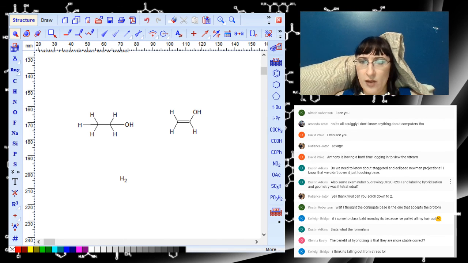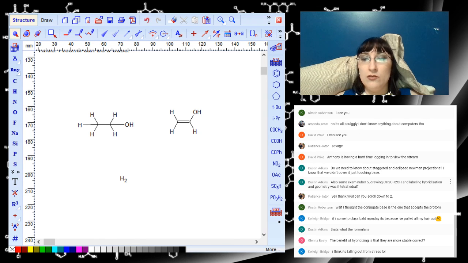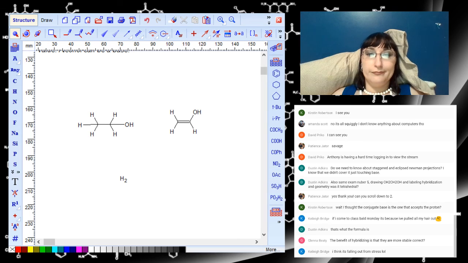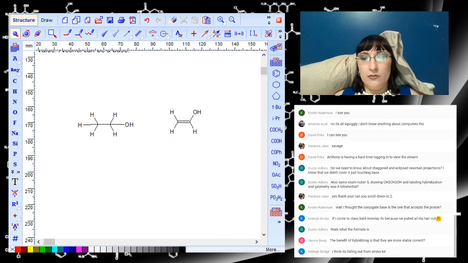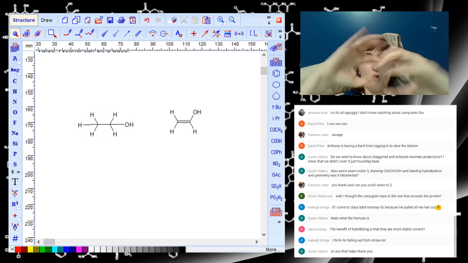The benefit of hybridizing is that we're more stable. We form stronger bonds when we hybridize our orbitals. And the triple bonds are the strongest because of the extra s character. They're rounder, so there's more overlap.